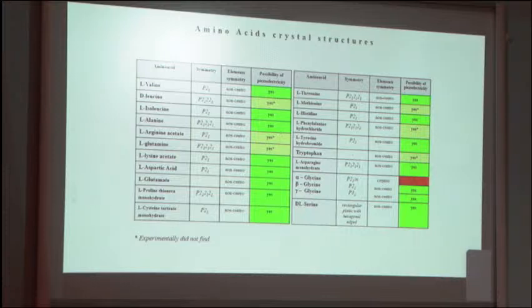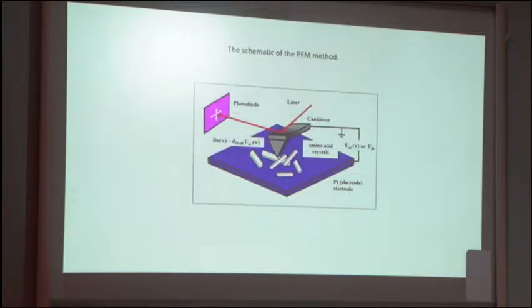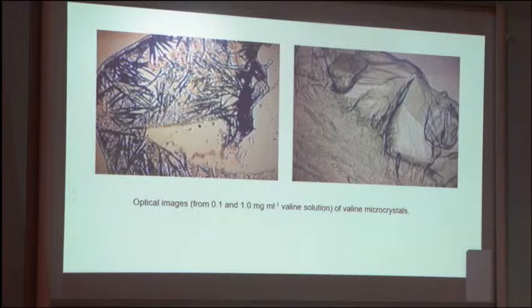But we are interested in the simplest amino acids, and as I'm saying, piezo response appears when the crystal structure doesn't have center symmetry, and practically all amino acids have structures without center symmetry, so they can show piezo response. It's very easy to grow. These are microcrystals.